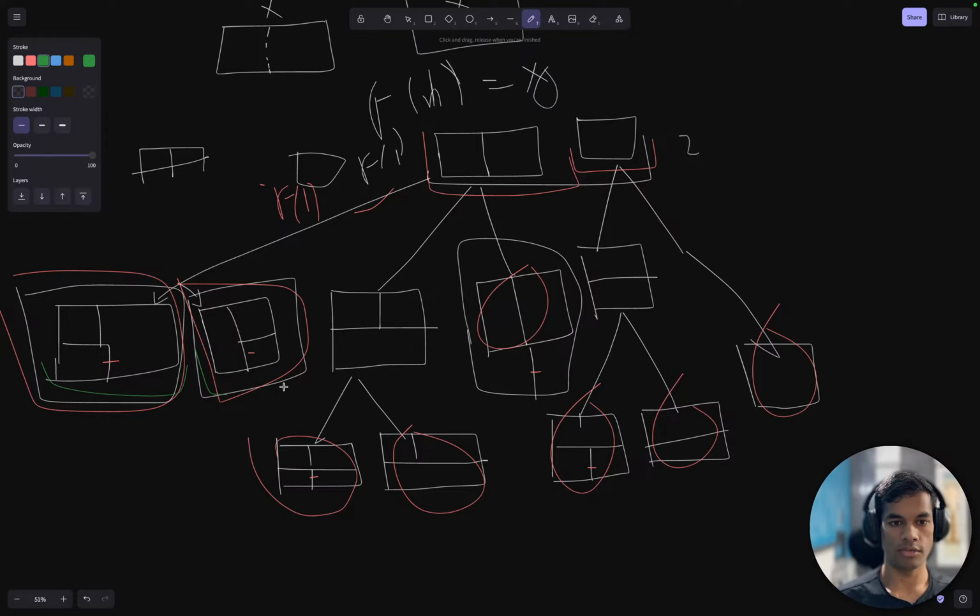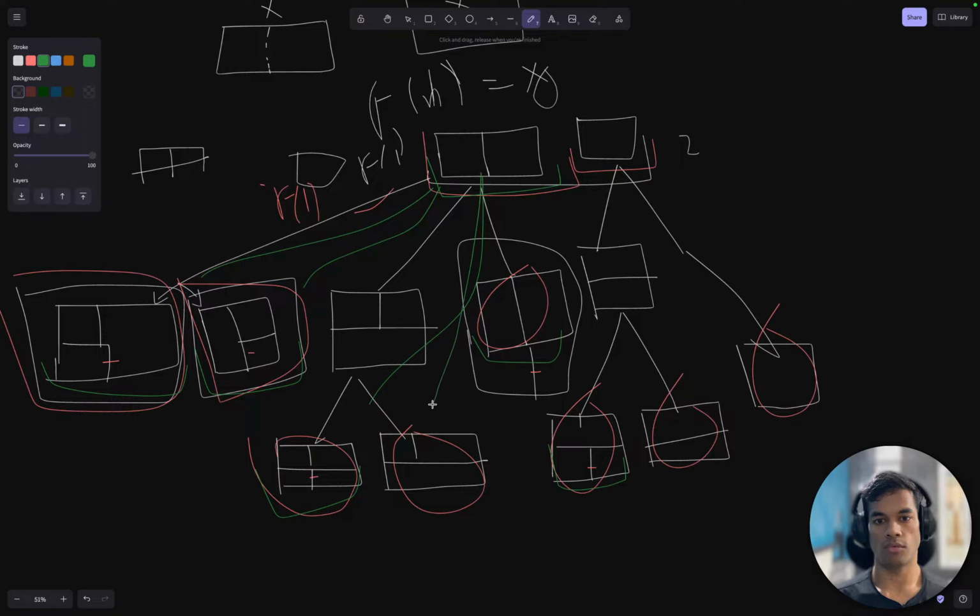There are 5 vertical lines. One vertical line gives rise to 5 possibilities, and no line at all gives rise to 3 possibilities. In total, 8.